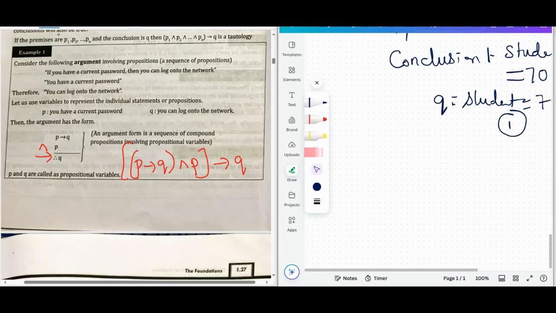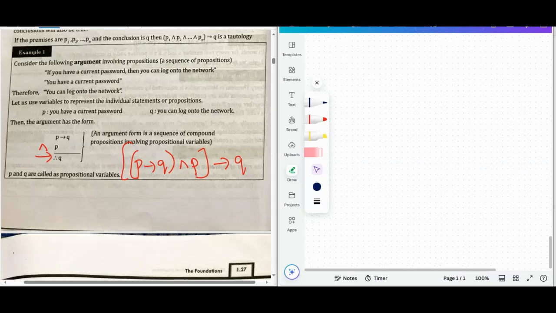So we'll just check whether it is a tautology. We have P, Q. Then we have P implies Q. Then we have (P implies Q) and P, I'll call this 1.